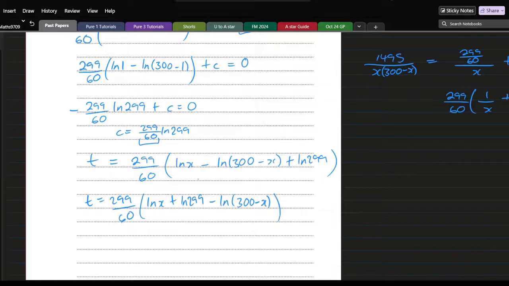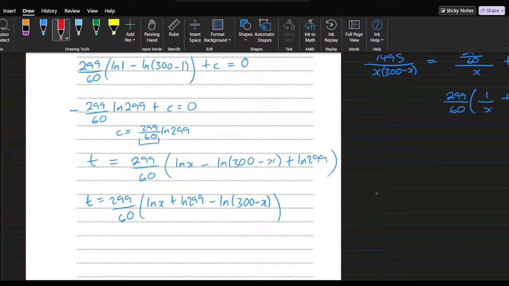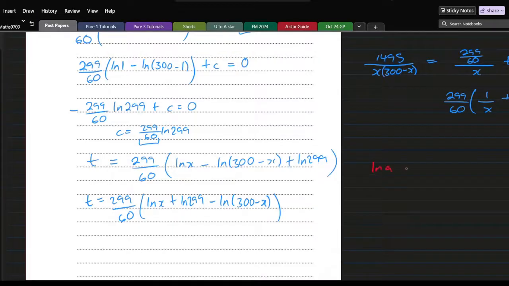And now we can use the laws of logarithms. We know that ln a plus ln b is equal to ln ab, and we know that ln a minus ln b is equal to ln (a over b), and we're going to use these two to help us simplify what we have here.